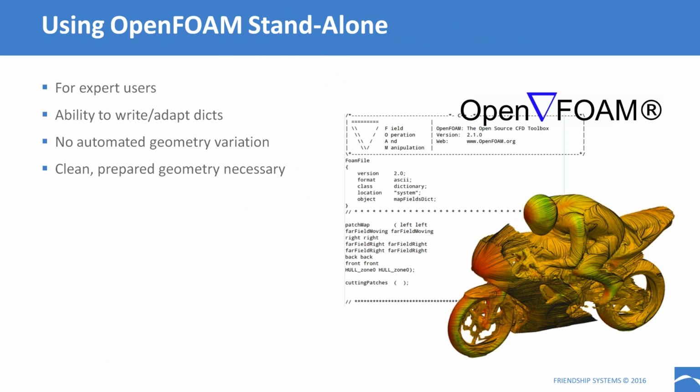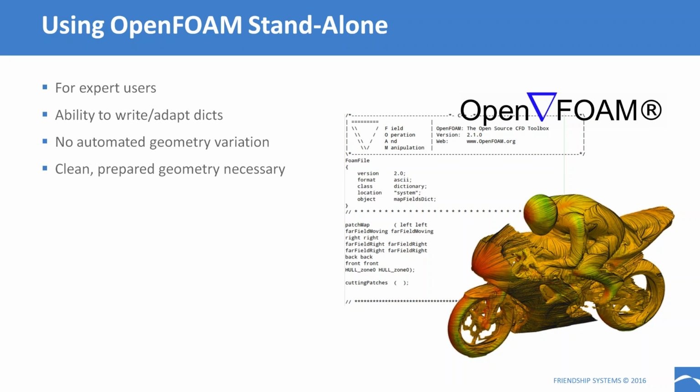So let's take a look at how to use OpenFOAM and how CAESES can be used with OpenFOAM. So first of all, if we take a look at using OpenFOAM standalone, then I think all of you know well that it is mainly a tool that can be used effectively by expert users that have the ability to write the dictionary files or adapt the dictionary files by themselves for a specific computation case.